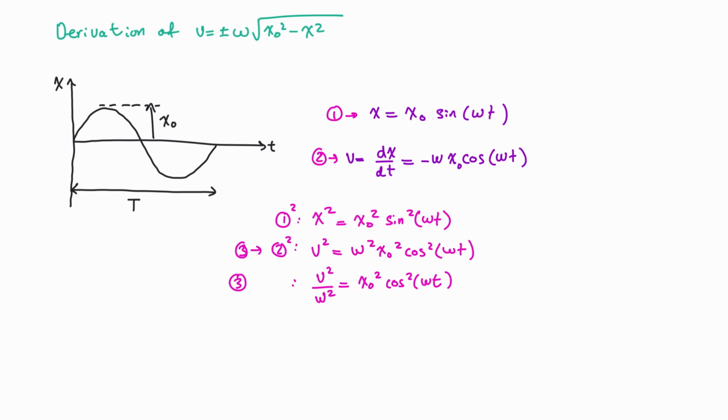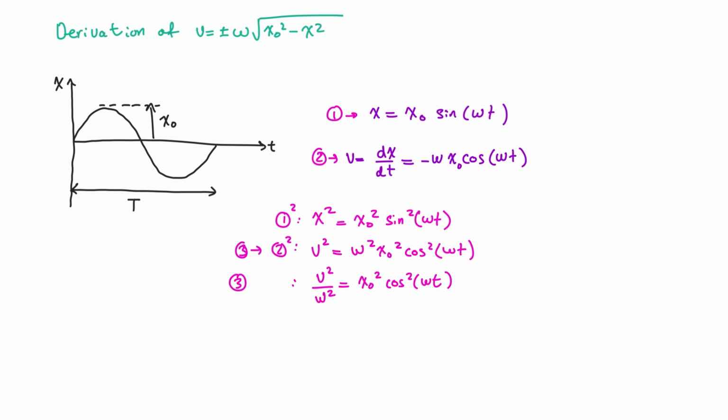And now this is becoming somewhat interesting because I can factor these two and add these two together, and sine squared omega t plus cos squared omega t gives me 1. So let's do that.